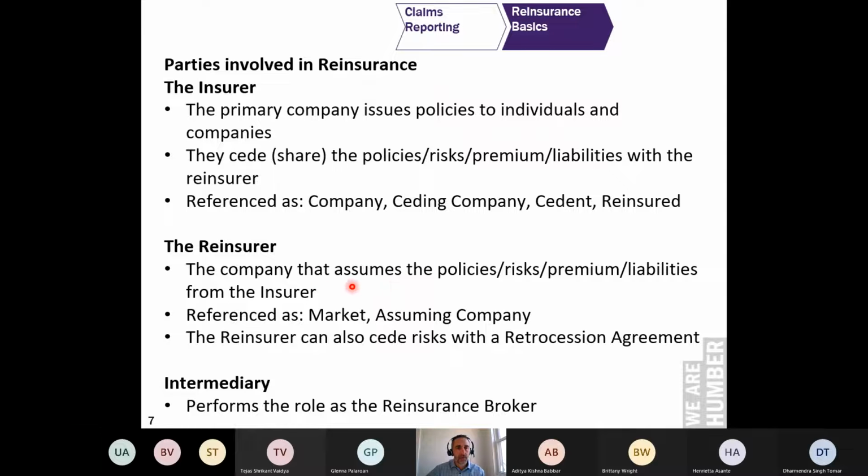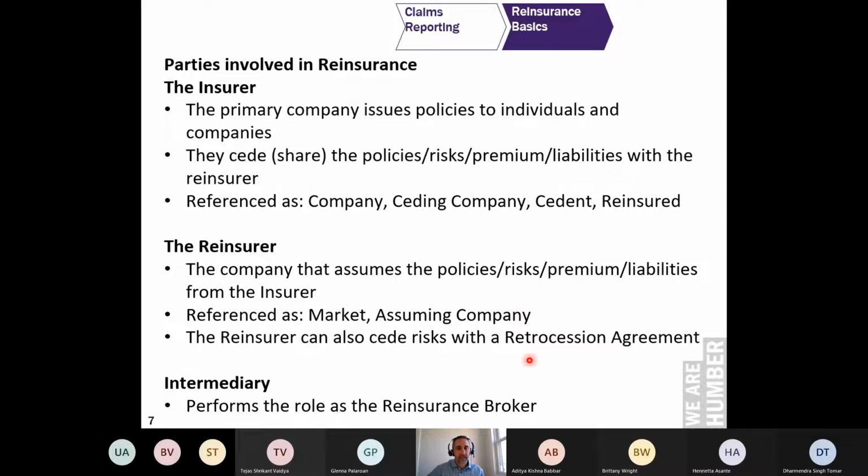So when we talked about gross premium and gross claims being equal to direct plus assumed, this is the incoming amount that is assumed by the reinsurer. And they could be known as the market, i.e. the reinsurance market, or the assuming company. These two definitions are probably the most clear, right? This is the company doing the ceding, and this is the company doing the assuming.